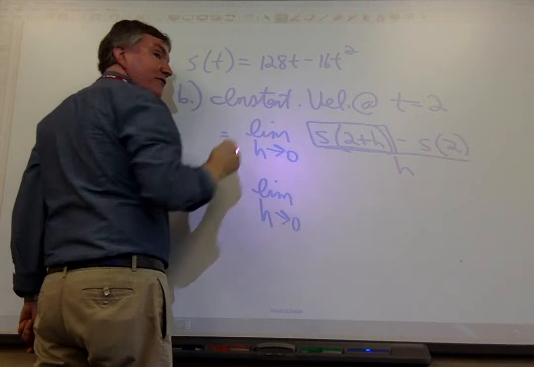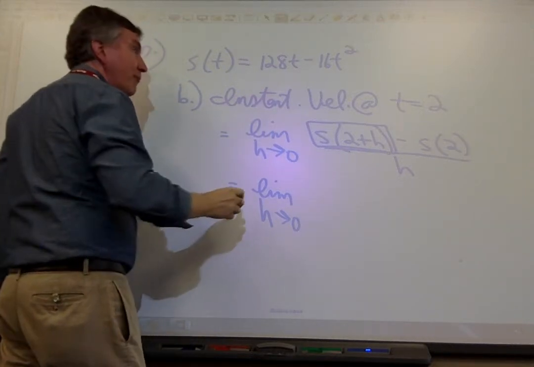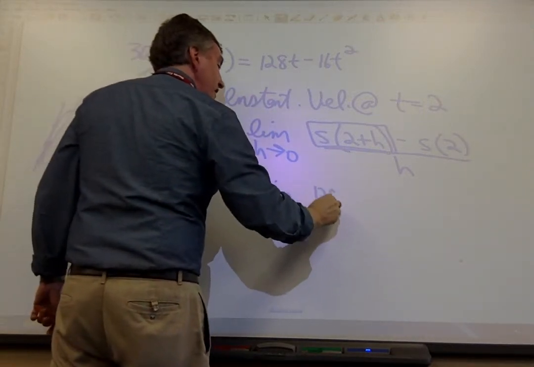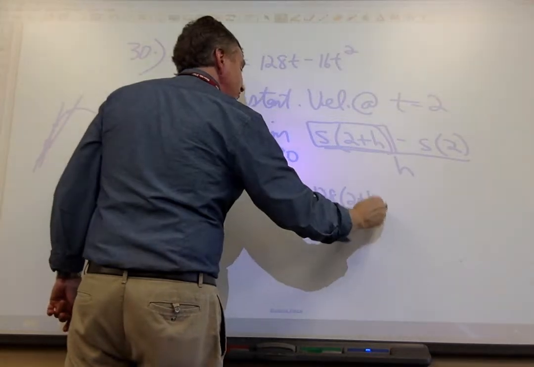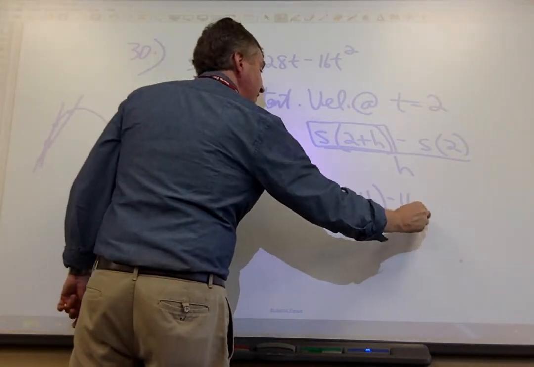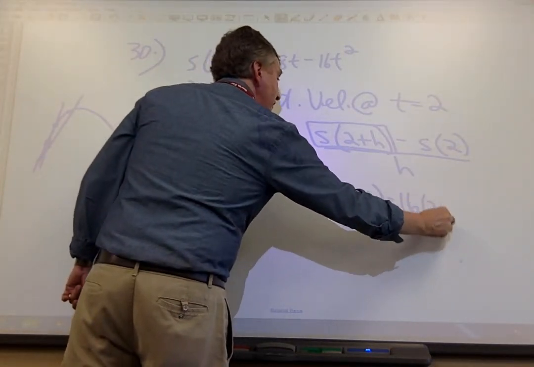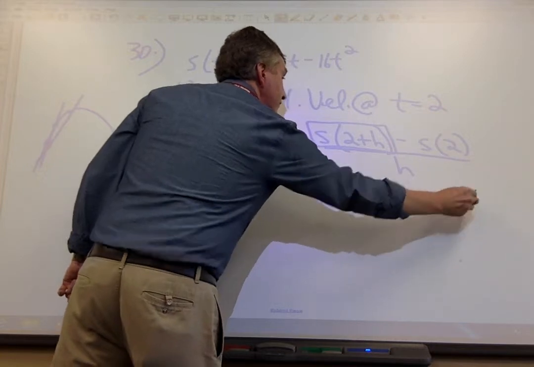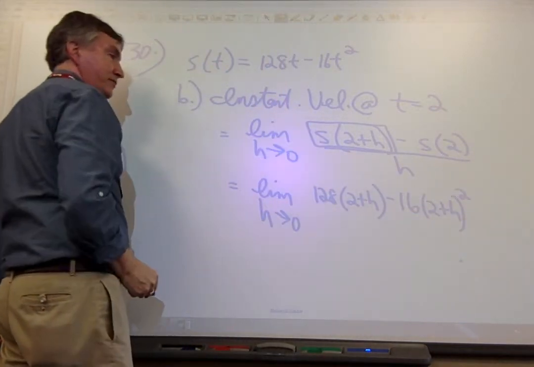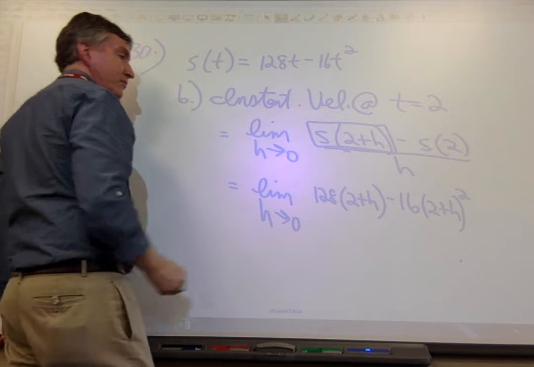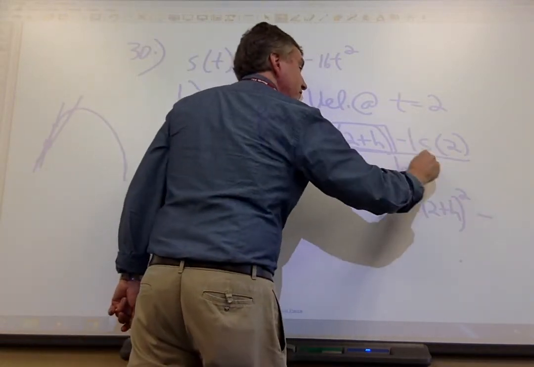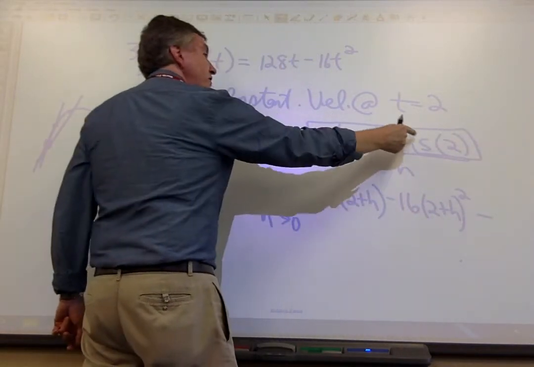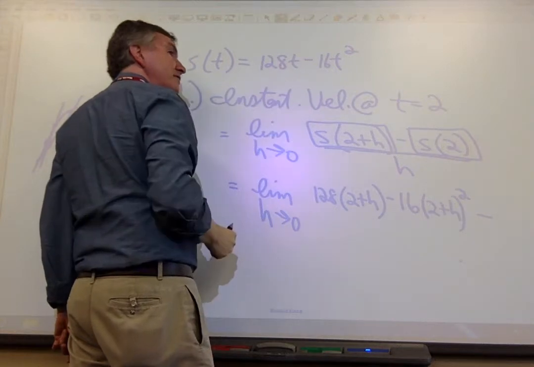Here and here. So I'm going to say 128 times 2 plus H minus 16 times 2 plus H squared is that. Minus this. We know this. What did we get when we plugged 2 into that?